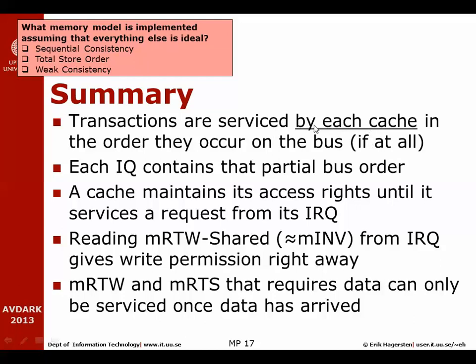That is the defined order between these loads and stores. The input queue records exactly which order to service things. It's a partial order to tell the cache which order a read and write happen on the bus. So if somebody else sneaks in a read transaction before your own write transaction, that's the official order they happen on the bus.